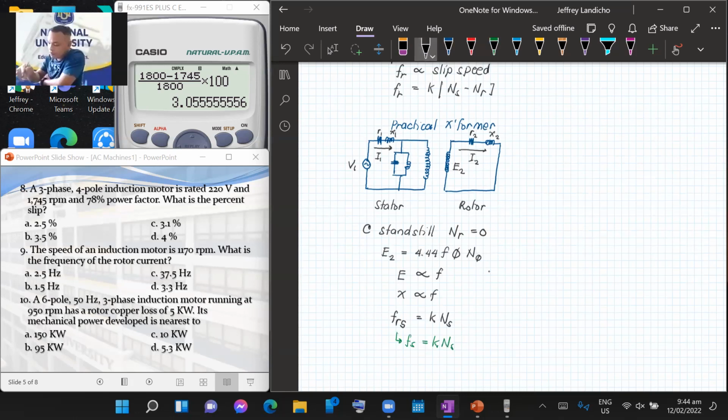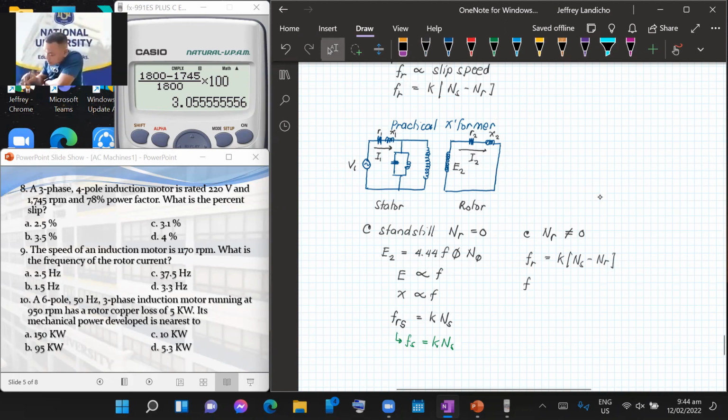So therefore, at normal operation or simply at NR, it is no longer 0. Your rotor frequency, that is equal to K multiplied NS minus NR. Therefore, pag kinuha natin ang ratio ng rotor frequency during normal condition and during standstill, ano makikita natin?